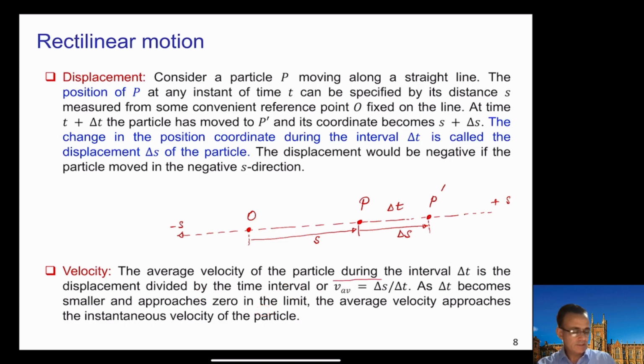So this is our average velocity. If you divide this delta S by delta t, this will provide you with the average velocity. And now if delta t becomes smaller and approaches zero in the limit, the average velocity approaches the instantaneous velocity of the particle.